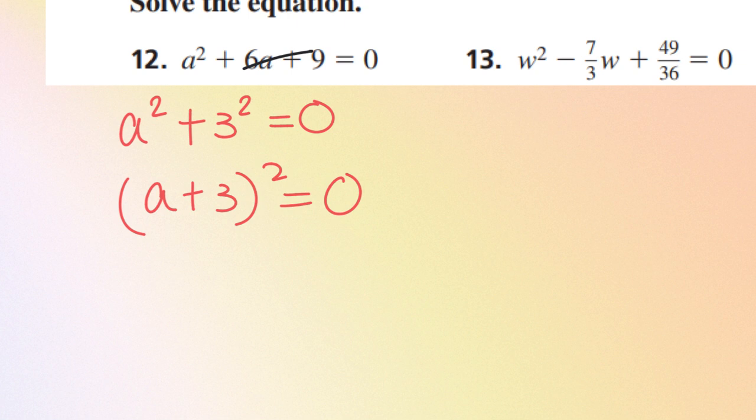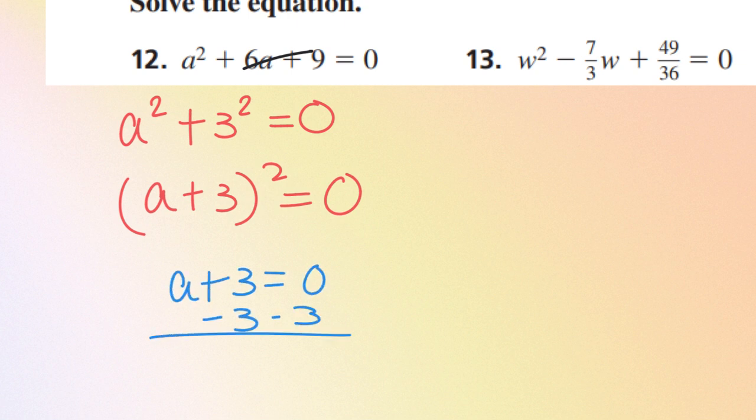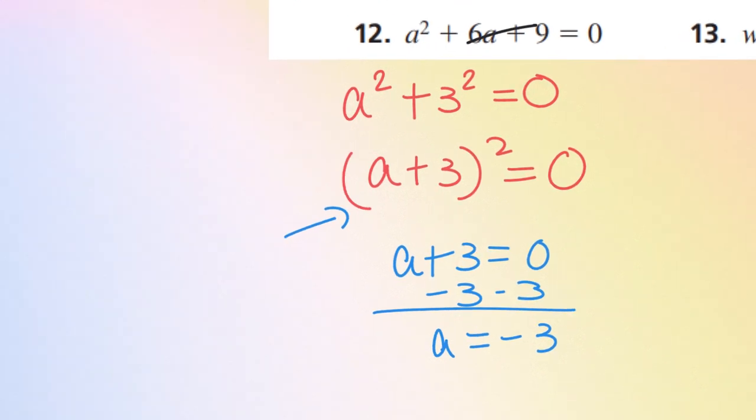When our equation is positive, in this case, we're always going to have repeated roots. So I'm able to work this out for just one time. a plus 3 equals 0. Subtract 3 from both sides. a equals negative 3.